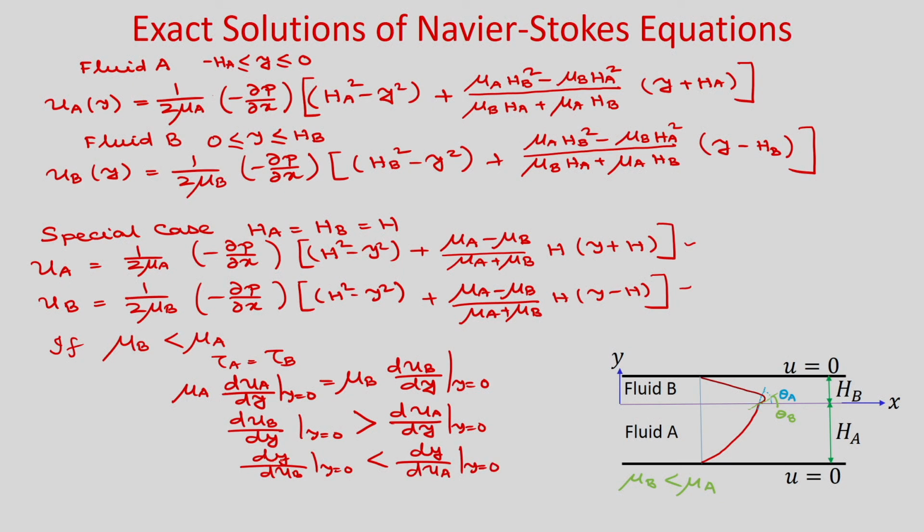So, this is the representation of the gradient at that interface. So, that is nothing but tan theta B is less than tan theta A. So, hence theta B is less than theta A. So, obviously, if mu B is less than mu A, velocity distribution will look like this such that at the interface theta B will be less than theta A.